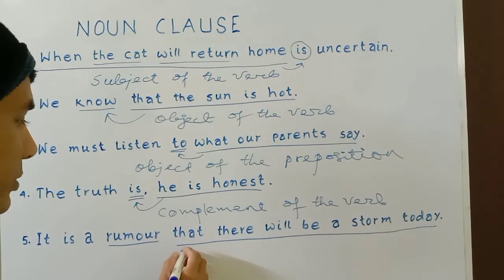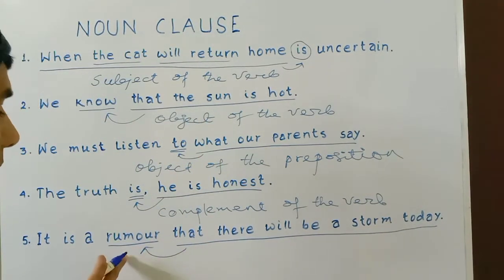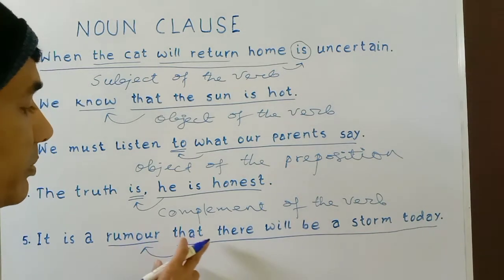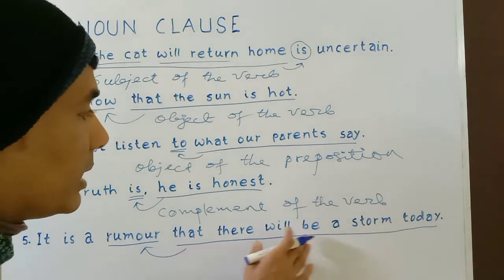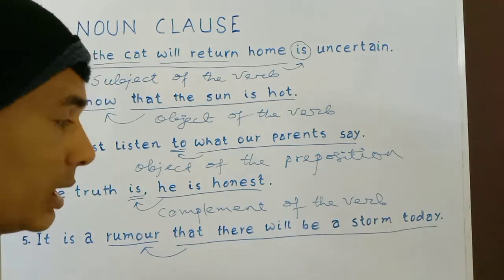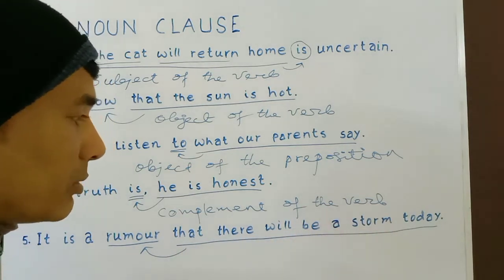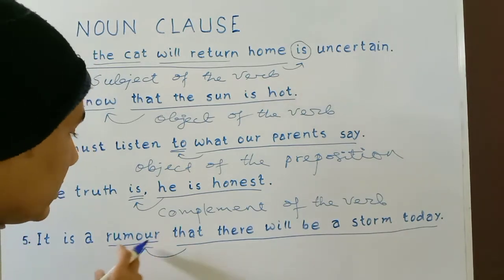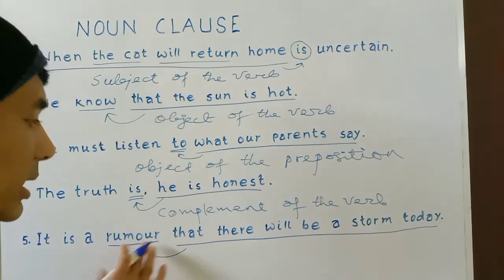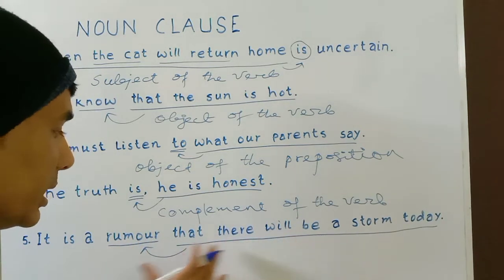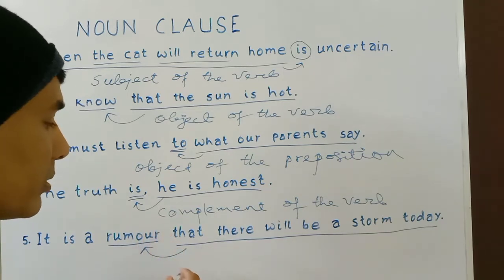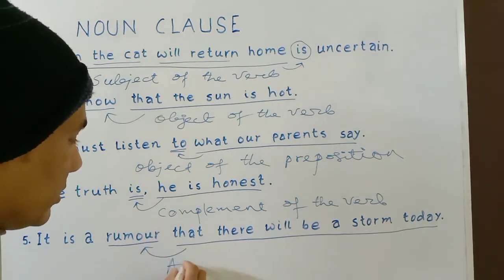This part is replacing this part, rumor. Rumor is a noun. This noun is replaced with the other part, that there will be a storm, and it is also a noun clause, replacing another noun. That is, the two nouns, the rumor and this clause, are sitting side by side. So this type of use of a noun clause is called apposition to a noun.